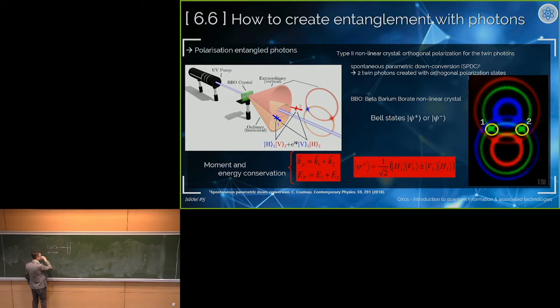If you call this the equivalent of the 2 omega that we saw, then, again through this nonlinearity, you can have the reverse process where a high energy photon at 2 omega will give rise to a pair of lower energy photons at omega. So you start with a 2 omega UV photon, and you have 2 red or near infrared photons at half the energy that you started with, so at omega.